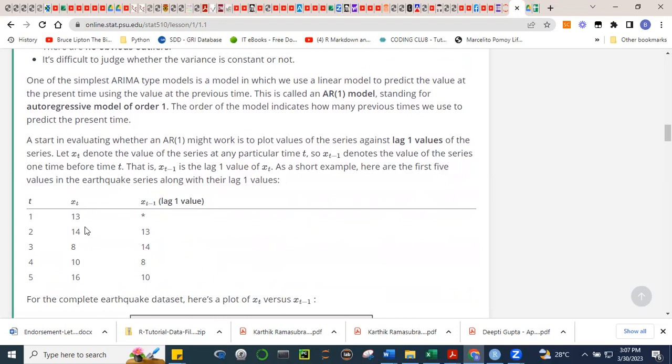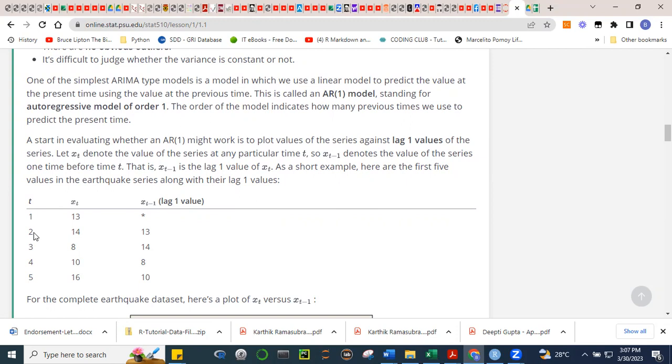For example, if this is your time series, 13, 14, 8, 10, 16, this is your x sub t, and this is your x sub t minus 1.